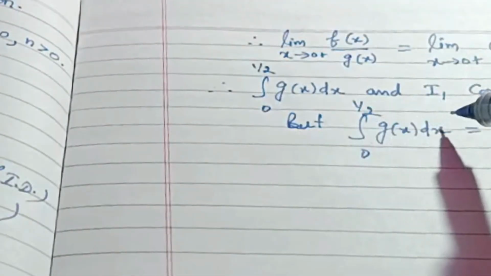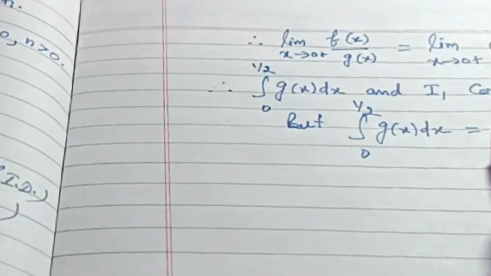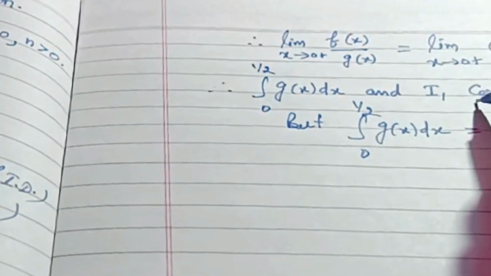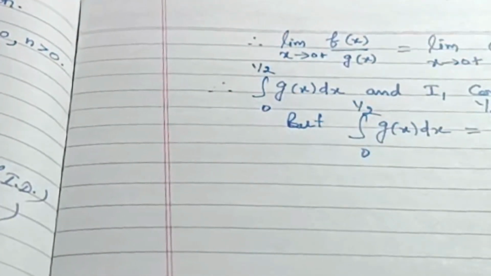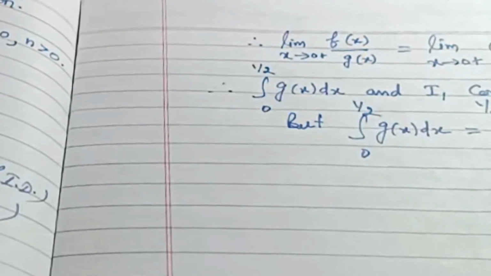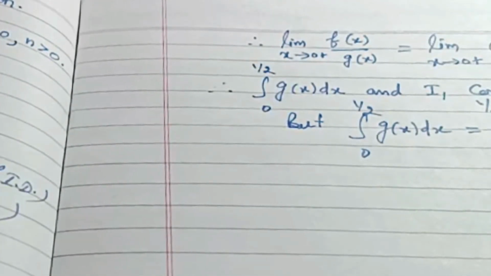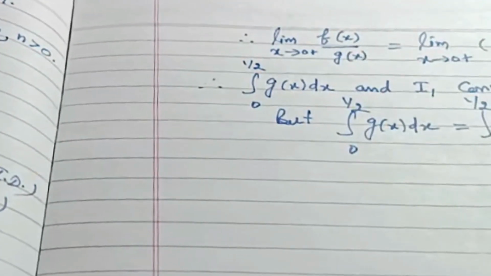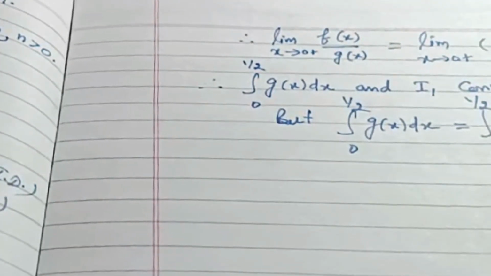So this integral 0 to 1 by 2 of g(x) dx is equal to 0 to 1 by 2. What is the value of g(x)? g(x) was 1 upon x to the power 1 minus m, or you can say it is the integral 0 to 1 by 2 of dx upon (x minus 0) to the power 1 minus m.